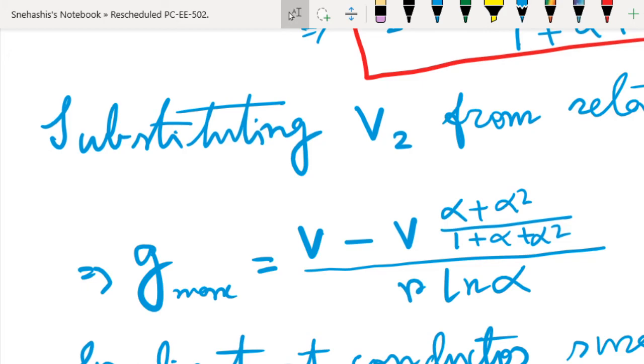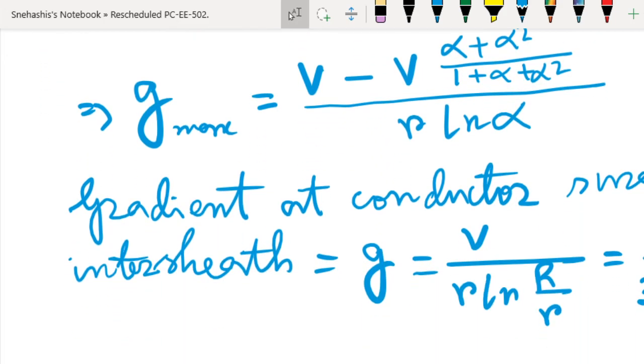Why am I writing that? Capital R by small r equal to capital R by R2 into R2 by R1 into R1 by r. So it is alpha cube. If you take a logarithm of that, it becomes ln alpha cube. So it becomes 3 ln alpha.